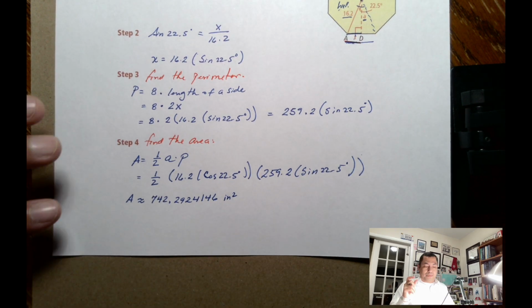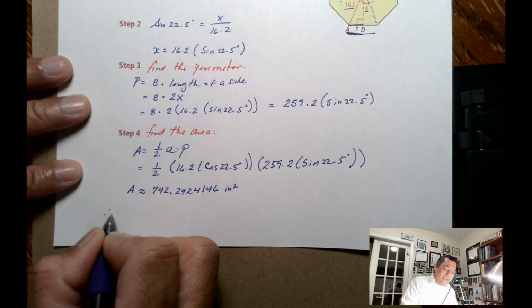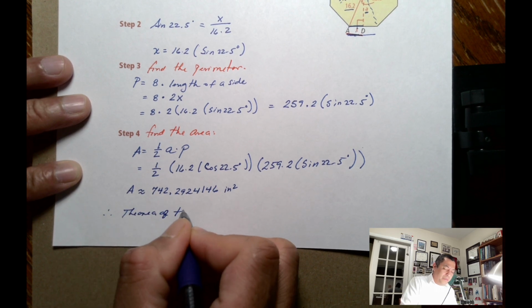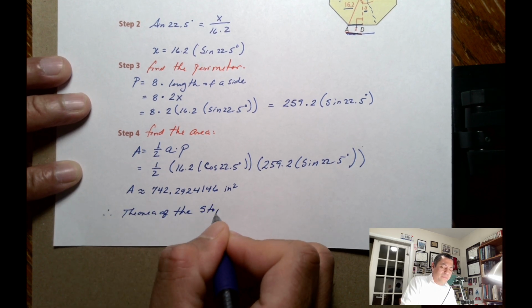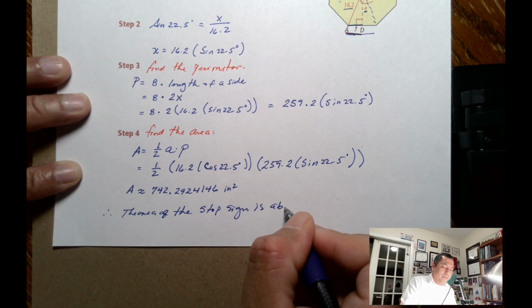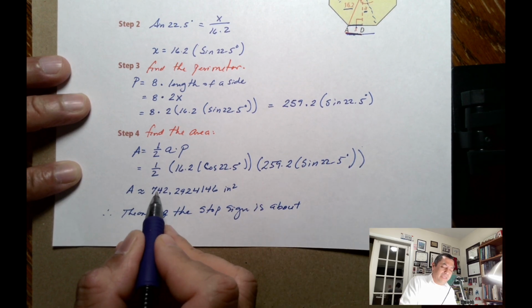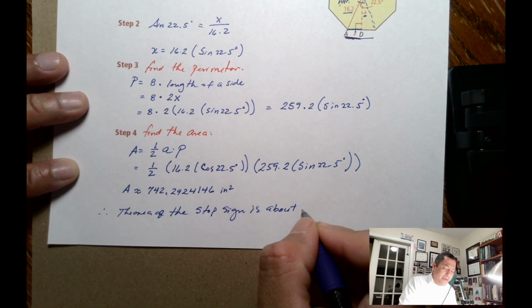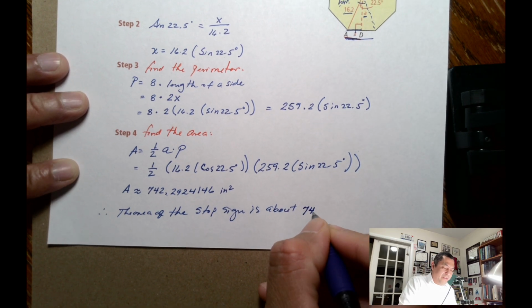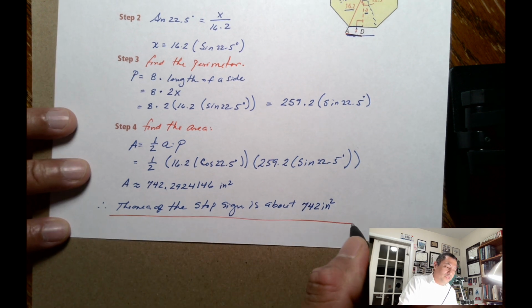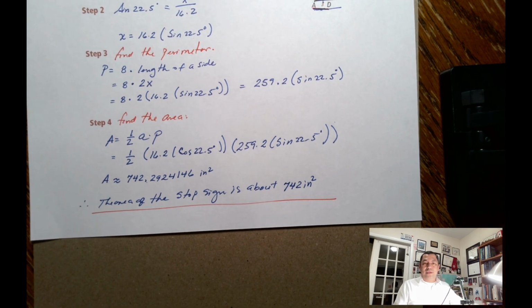So my solution is the area of the stop sign is about 742.2, it will not round up, it will stay the same, 742 inches squared. That's my solution for problem number 2.